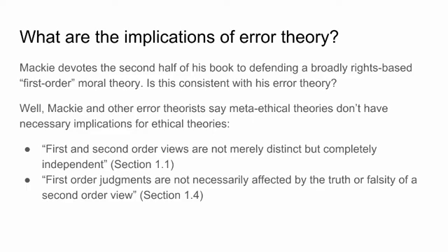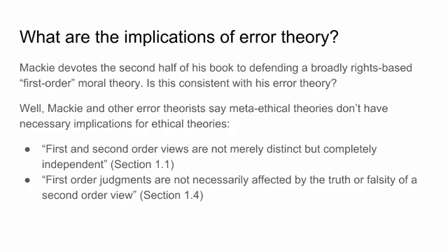As a reminder from the preface and first chapter of his book, a first-order moral view is a particular moral judgment, like stealing is wrong. And a second-order moral view is a metaethical theory about what's going on in, say, moral judgment. So what he's saying in this first quote is that first-order moral views and second-order metaethical views are not only distinct from each other, but completely independent.